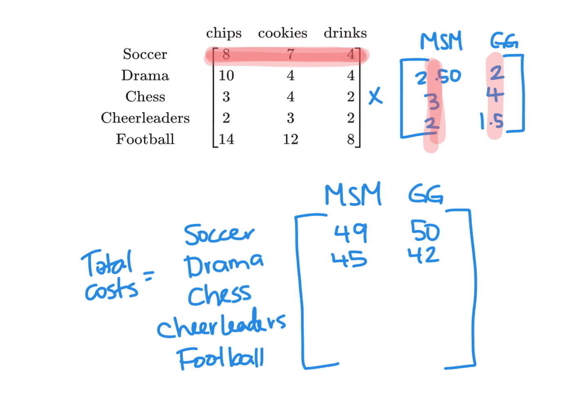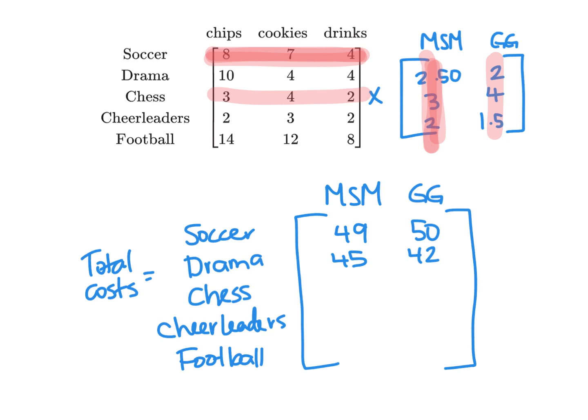I think we can, because all we need is to take the amounts needed for chess and multiply them by the cost at each store. So let's go ahead and do that. So for chess, we're going to do 3 chips times $2.50 plus 4 cookies times $3 plus 2 drinks times $2.